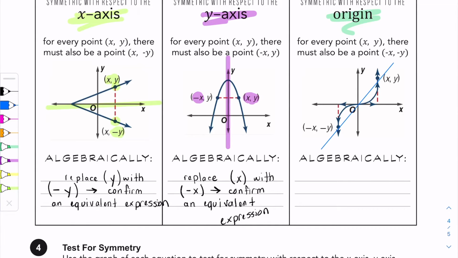For every point x comma y, there's also a point negative x, negative y. So in this example, if you were trying to confirm algebraically, you would replace x with a negative x and y with a negative y and confirm an equivalent expression.